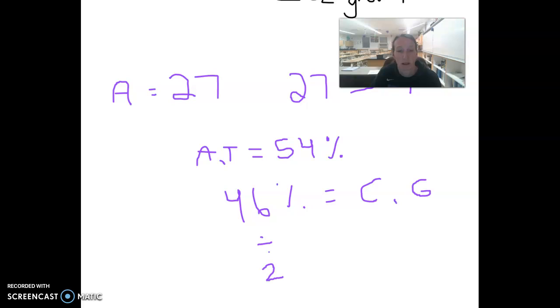When it is divided by 2, then we know 23% is cytosine and 23% is guanine. So we can fill that out in our table. So when it comes to wheat, you have 27% adenines and 27% thymines and 23% cytosines and 23% guanines.